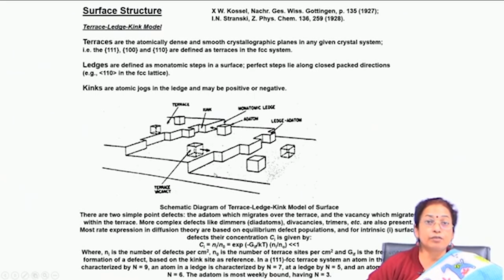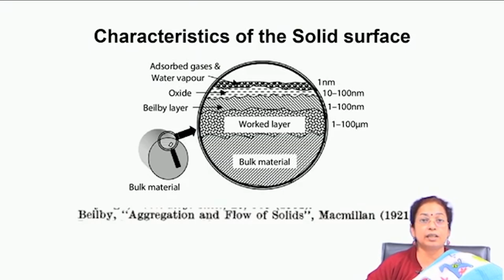So, this particular surface arrangement is very important to know, and you will find it if you see it in ultra high vacuum and when the surface is highly pure in nature.